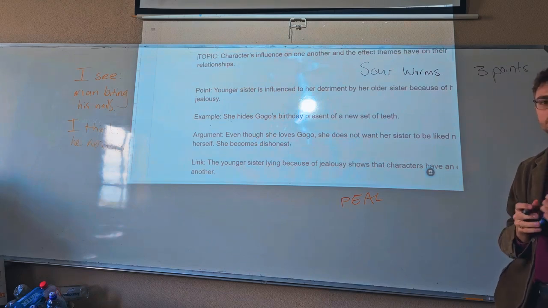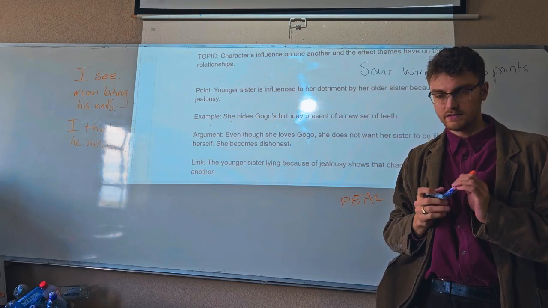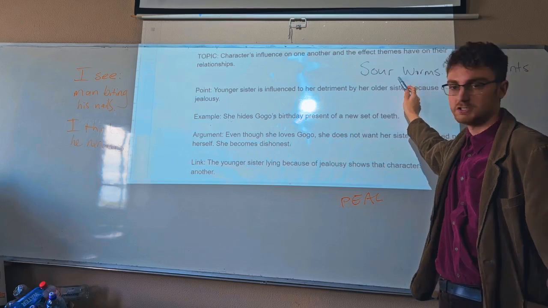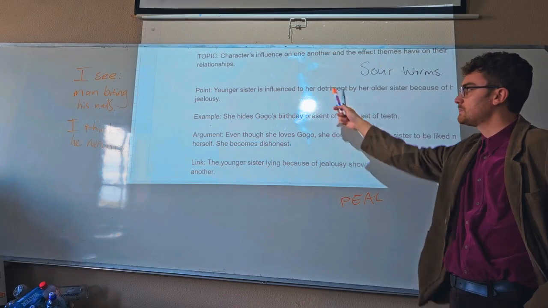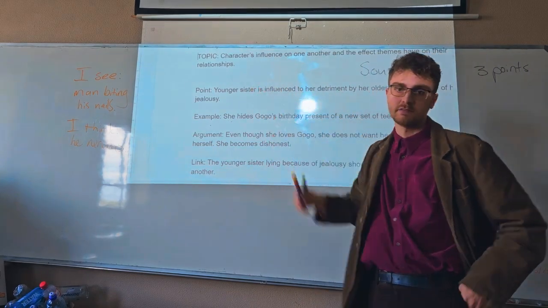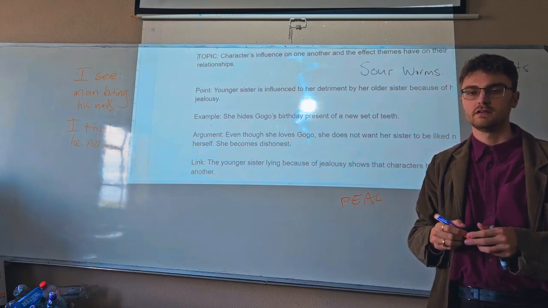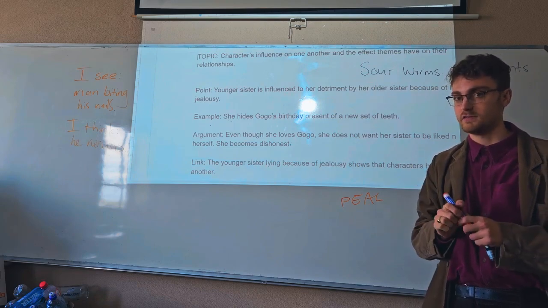So our first process, the first thing that we need to ask is, did a character in sourworms change? Perhaps we could say the younger sister. The younger sister, she changed in the story. Who had an impact on her? That's the next question we ask.